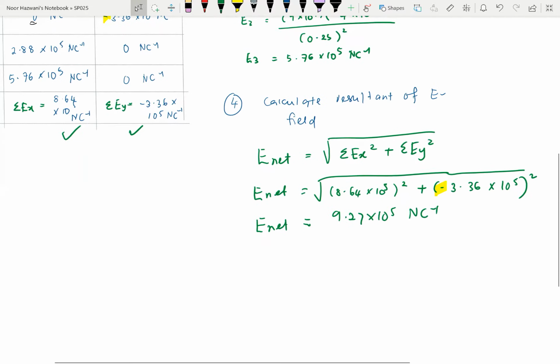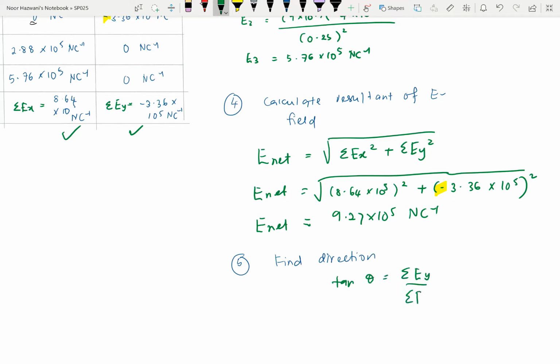Okay. So, dah dapat resultant, you kena kira direction. Okay, find direction. Using equation apa kalau masih ingat? Yang tan theta tu, okay? Itu pun wajib ditulis sebab ini tidak diberikan sewaktu exam.